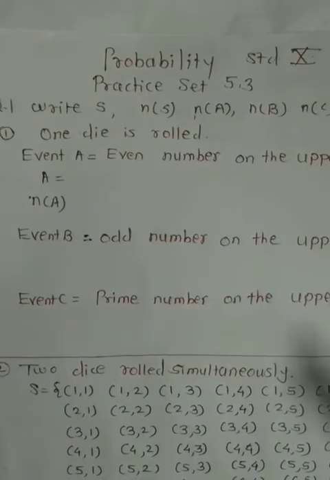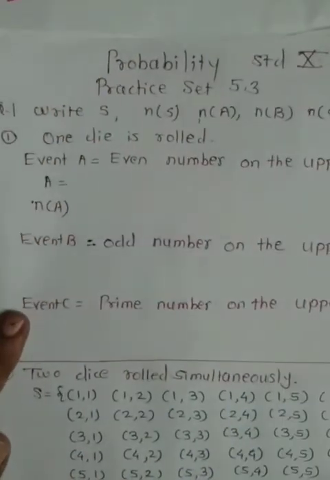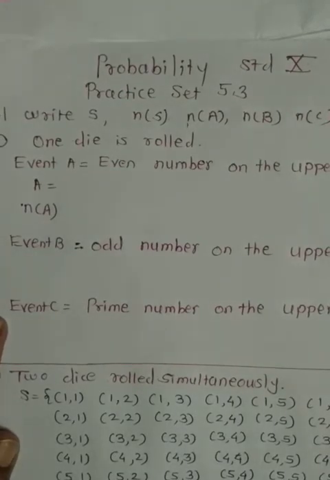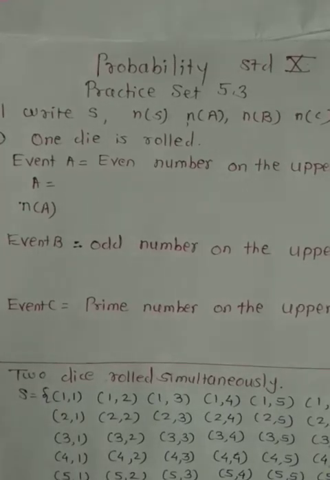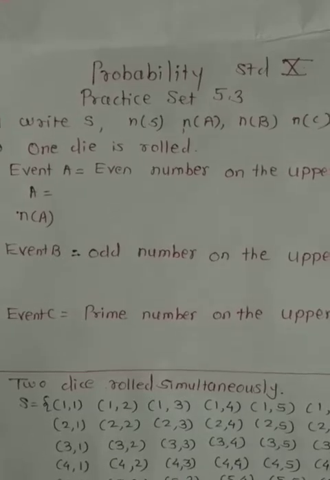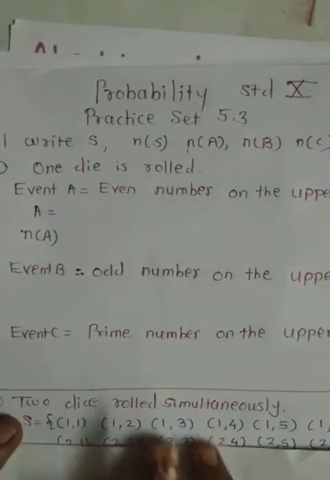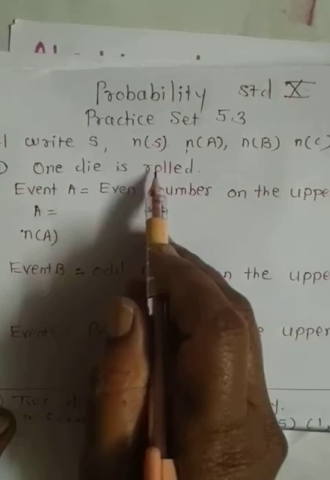Practice set 5.3, question number 1. What is the question? Write the sample space, number of S, number of A, number of B and number of C, after writing the events A, B, C. See the first example given: one die is rolled.